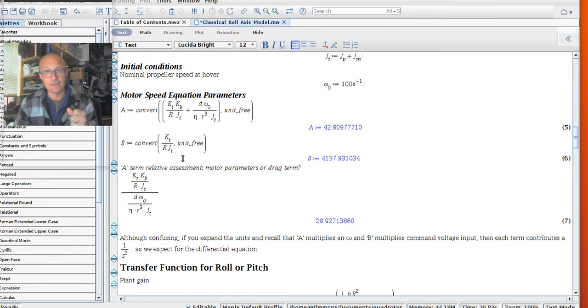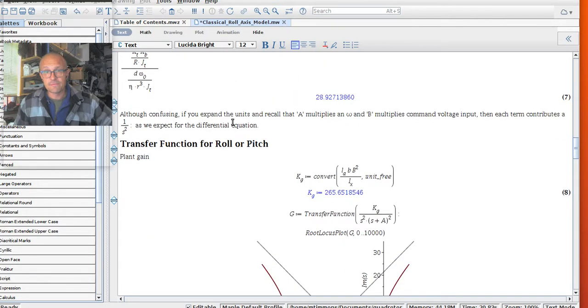And just out of curiosity, here's a ratio for this part of the A term, the motor part of the A term and the drag part, and so coincidentally that motor term dominates the magnitude of that, and that'll be relevant here in a minute.